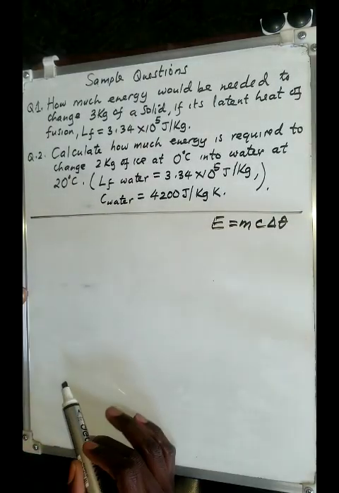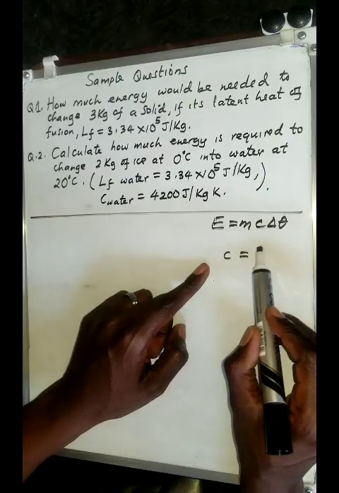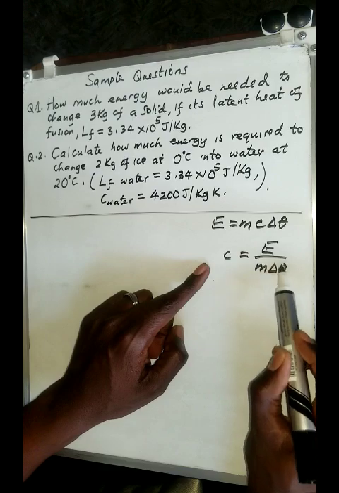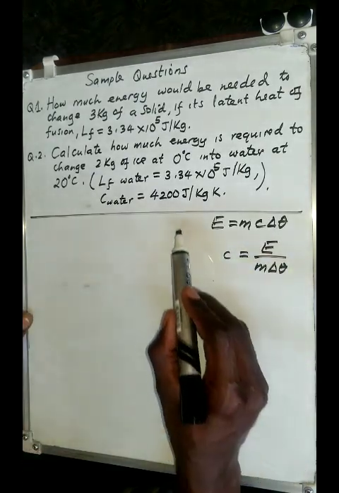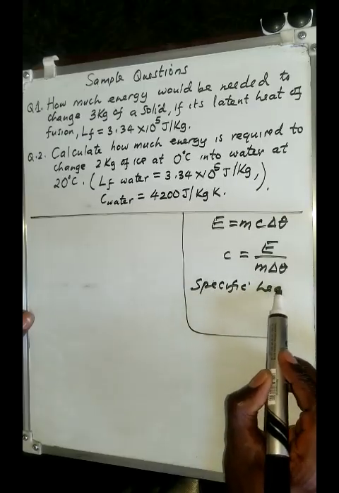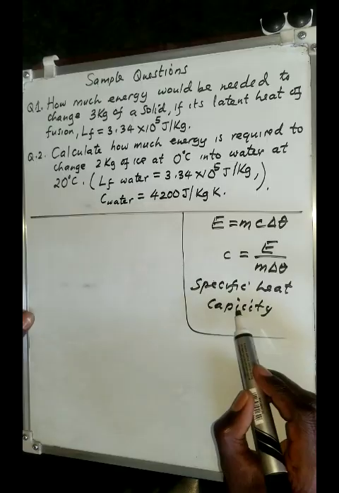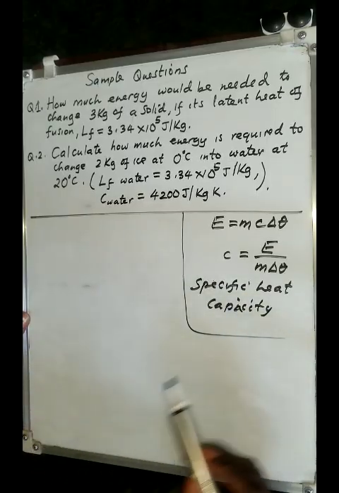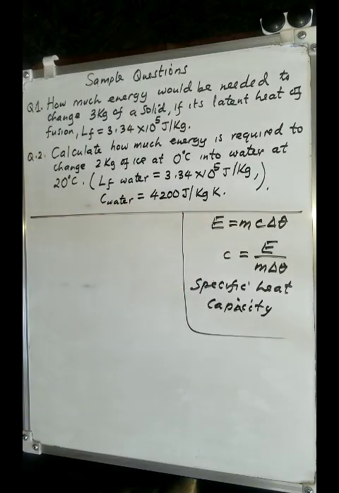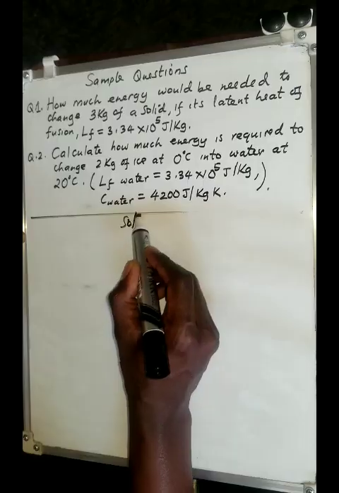If you make c the subject of the formula, it is the thermal energy divided by the mass and the change in temperature. This is what we called specific heat capacity. I may be using this formula in my discussion, so I want you to remember that. So let's look at the solution to this one.